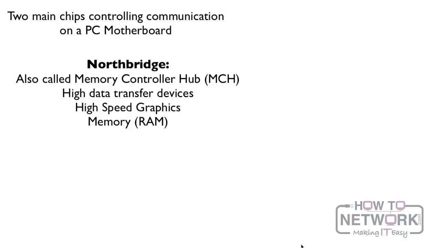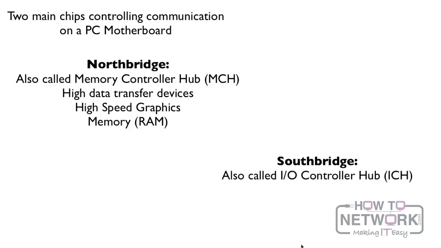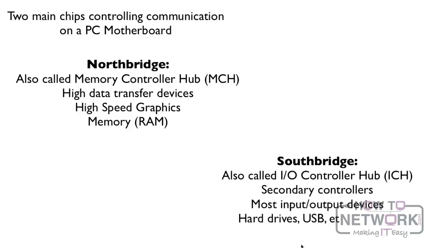the central processing unit. Now, this is different from the South Bridge, again, lower than the North Bridge, which is also called the I/O Controller Hub, or the ICH. And this is for secondary controllers, just about anything else, okay? So any input-output devices such as hard drives, USB, Ethernet, just about everything else is going to be controlled by the South Bridge.